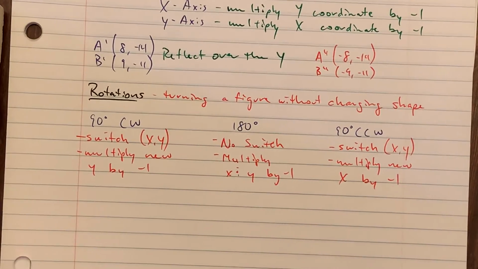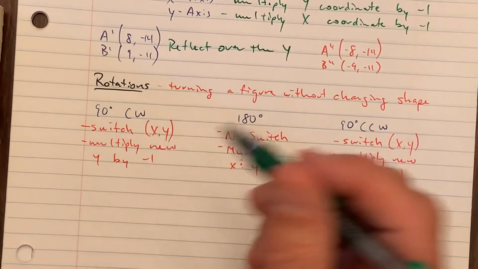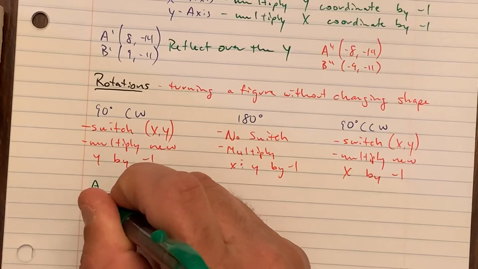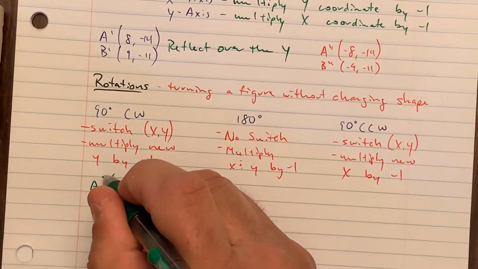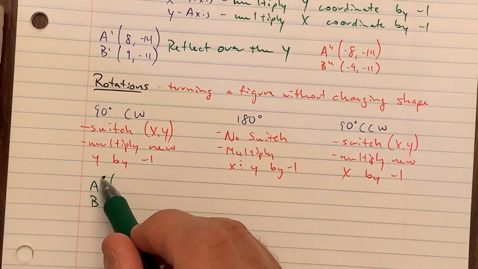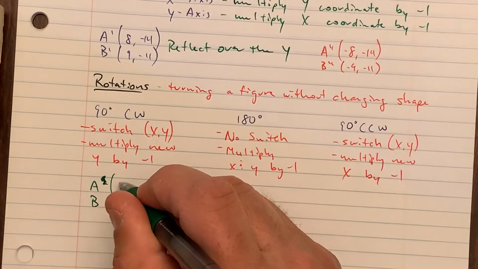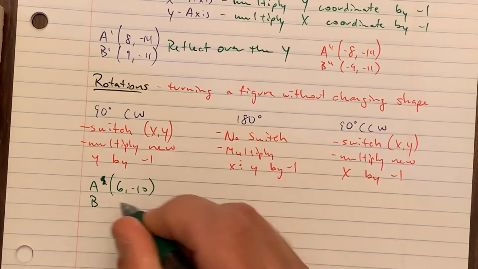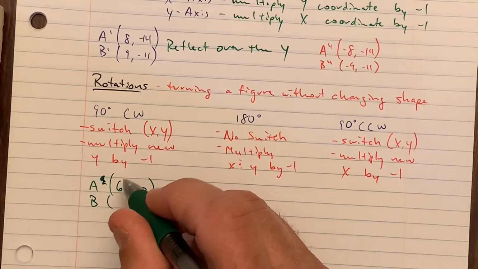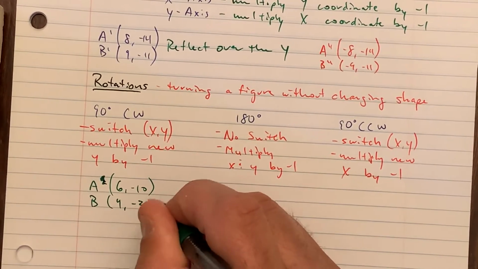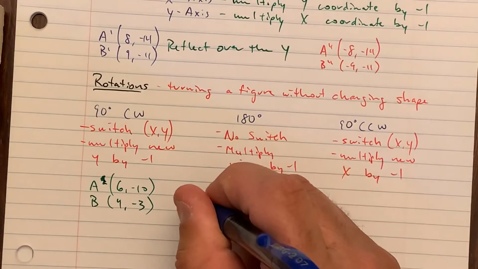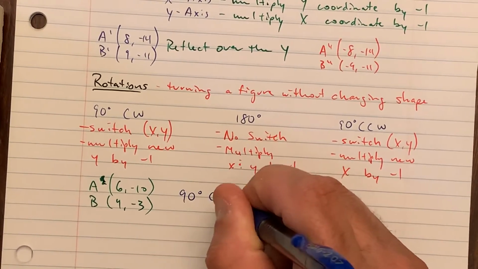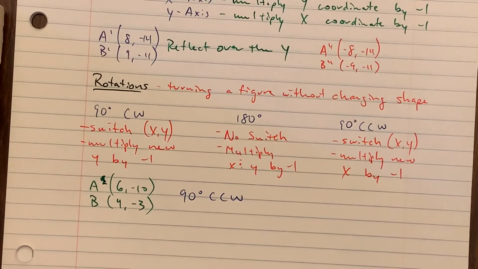Seeing that in action, if I had 2 points, let's say it's AB, and A is 6, -10, and B is 4, -3, and we want to do a 90-degree counterclockwise rotation.